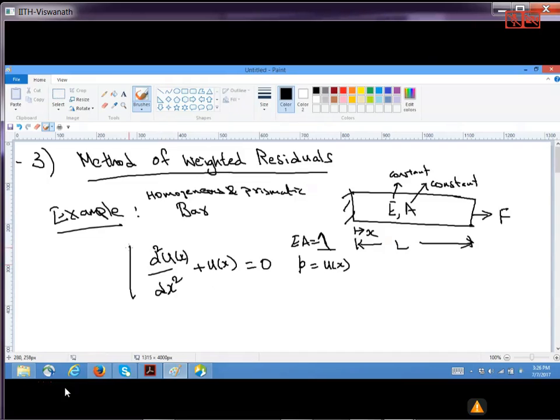And also let's assume the length is equal to 1. I'm assuming this because it is purely academic in nature. The actual problems may have different values, but to set an example, we are taking an easier problem, which doesn't give us a lot of problems.